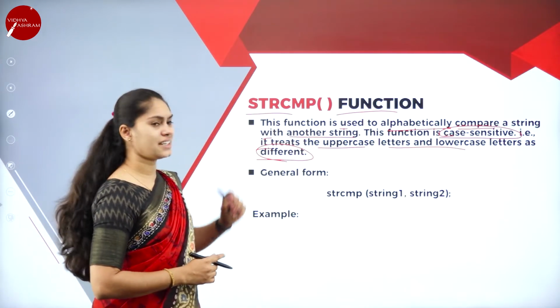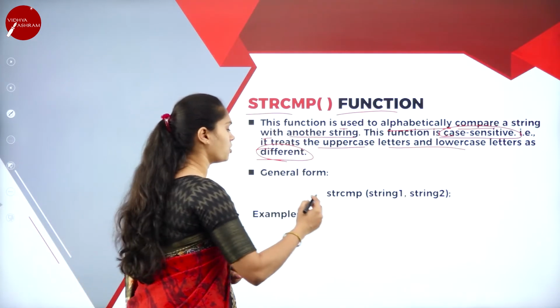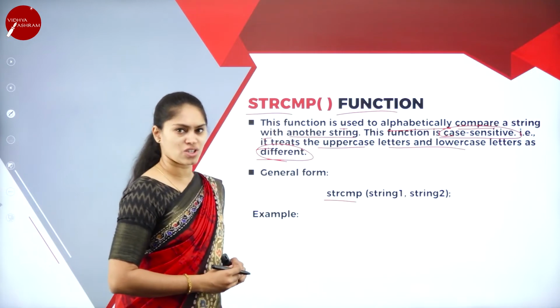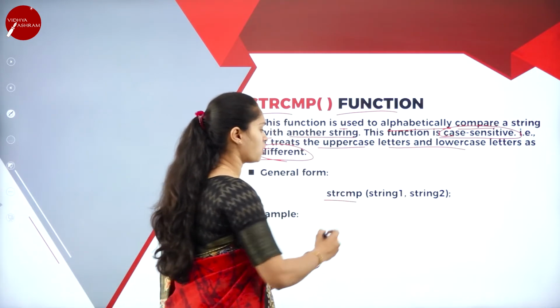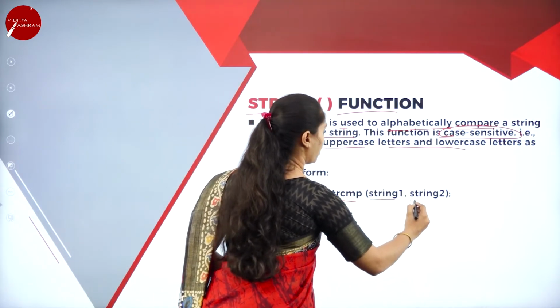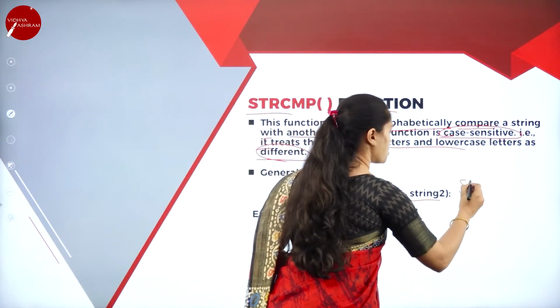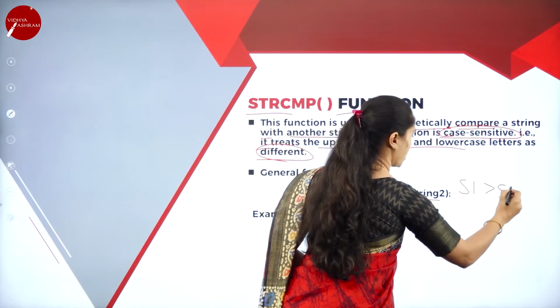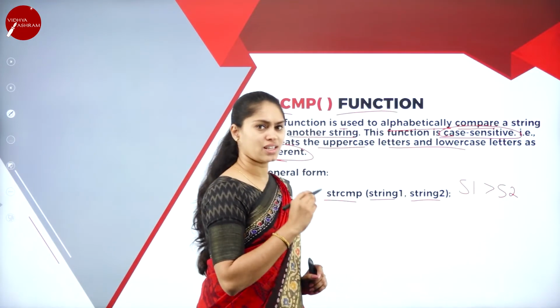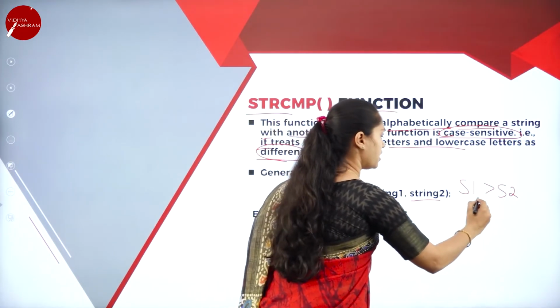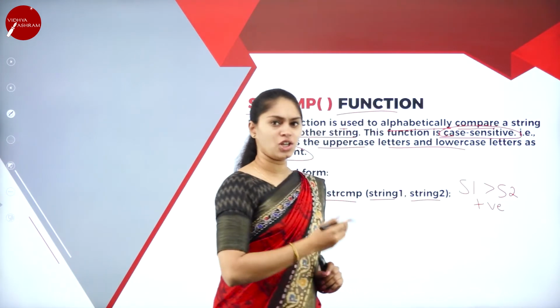Then what is the syntax we are going to use? strcmp is a function that takes two values, string 1 and string 2. You have to understand one thing: when string 1 is greater than string 2, it will return a positive value.